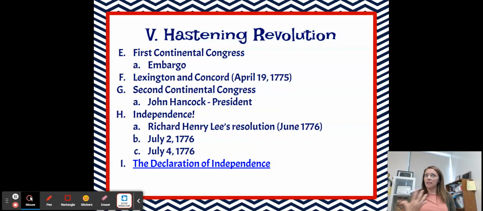And Congress likes that, and they set up a subcommittee to work on drafting this Declaration of Independence. That subcommittee included people like Thomas Jefferson and John Adams and Benjamin Franklin, and lots of those names that you know. Their job was to come up with this Declaration of Independence.